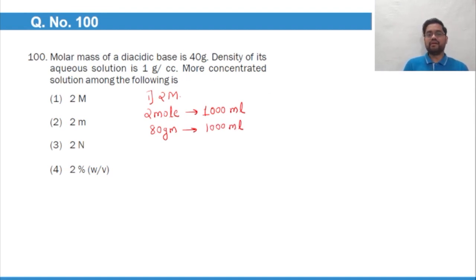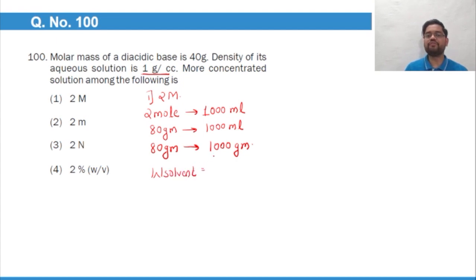Clear? The density is how much? Can I say that density of a solution is 1 gram per cc? So can I also say that 80 gram of solute is present in 1000 gram of solution? So this is weight of solute, this is weight of solution.